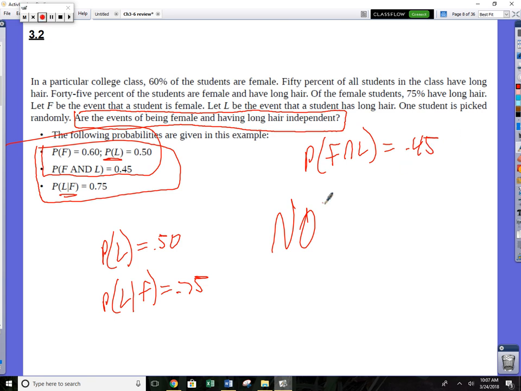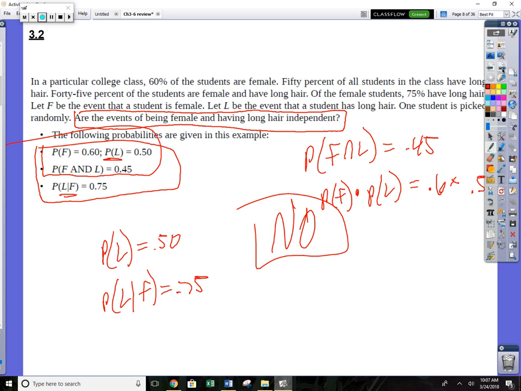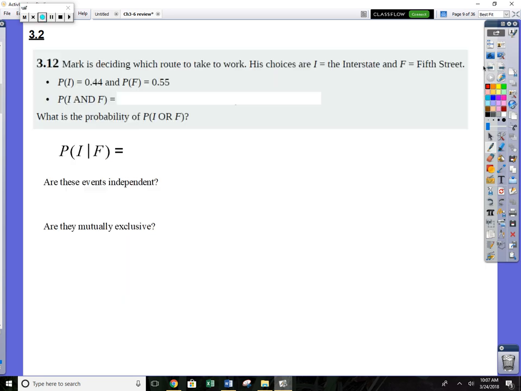If they're independent, that's the same thing as the chances of you being a female times the chances of you having long hair. So female is 0.6 times long is 0.5, and 60% times 50% is not 45%. So it's definitely a no. This is actually a way quick question, but it looked like it was going to take a long time. Okay, let's move on.